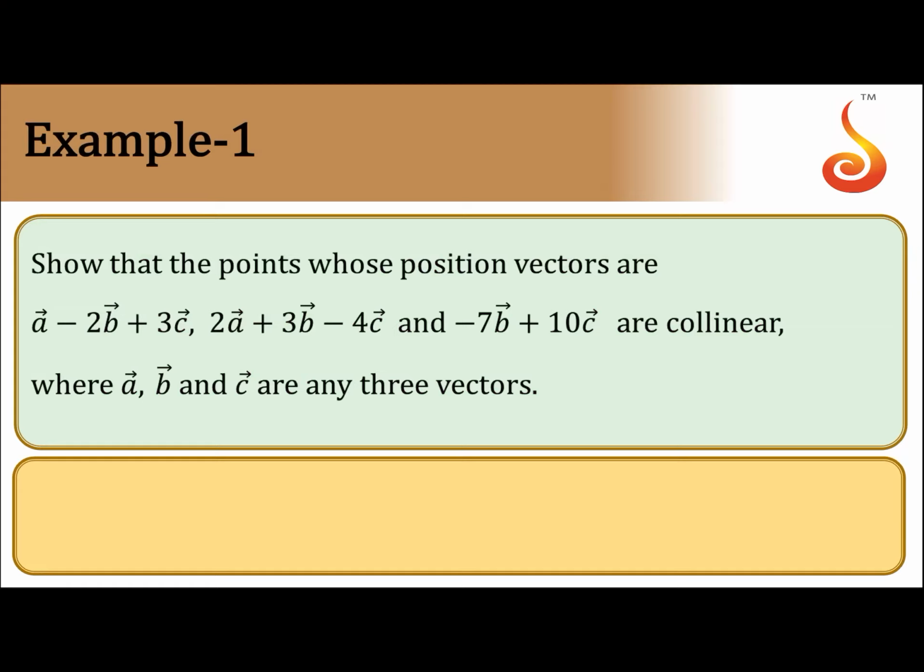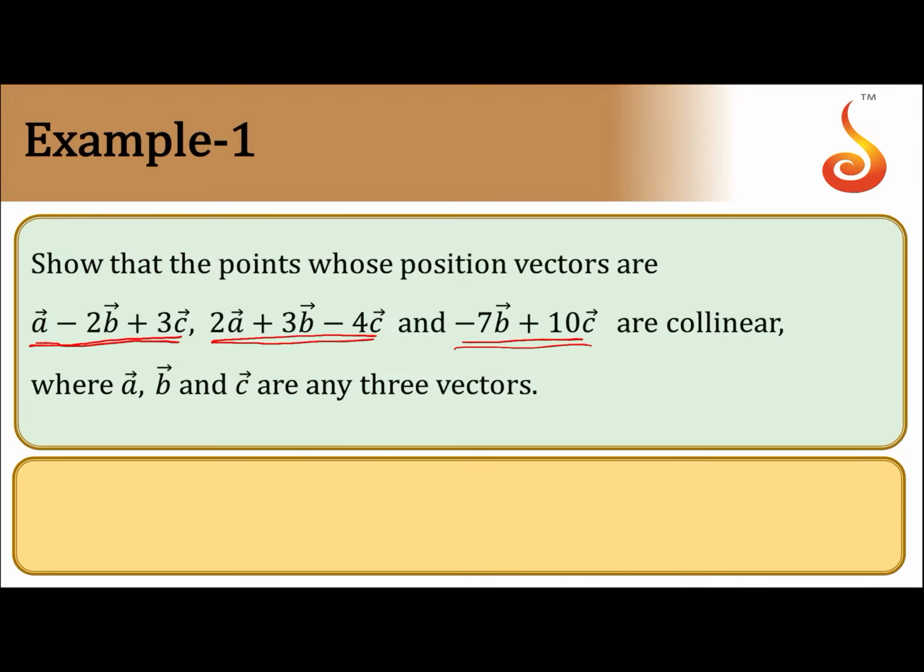Now we shall take up examples based on this collinear concept. Show that the points whose position vectors are given by these are collinear. I would assume that this is the position vector of point A, this is B and this is C. So I consider the position vectors of the points A, B, C. OA bar is equal to a minus 2b plus 3c.